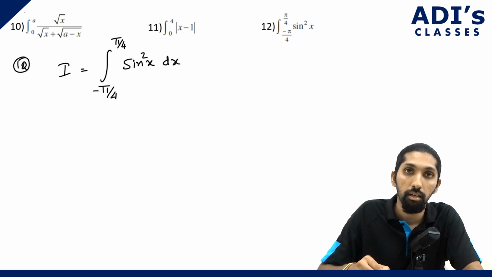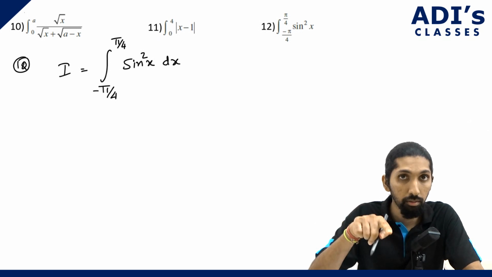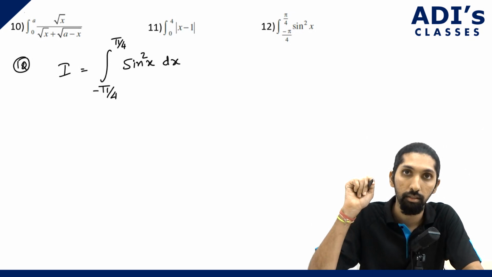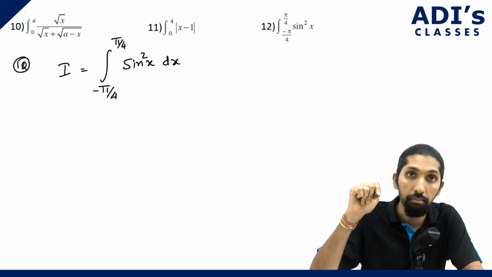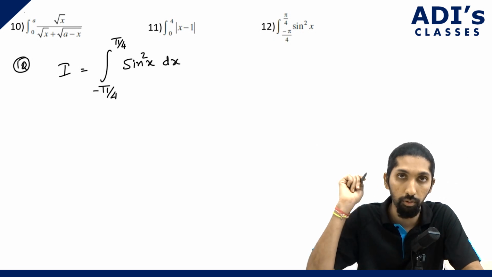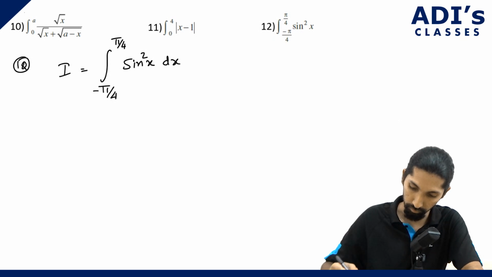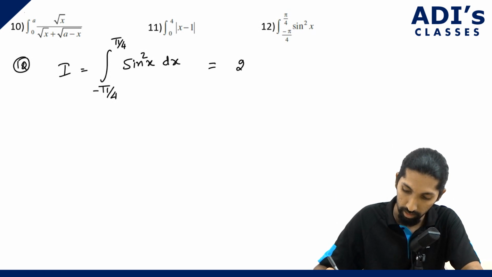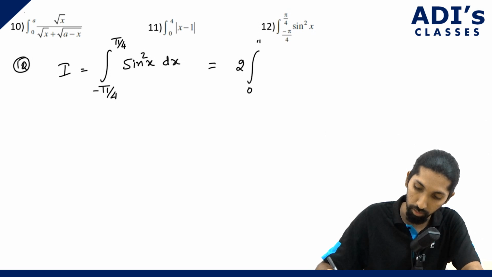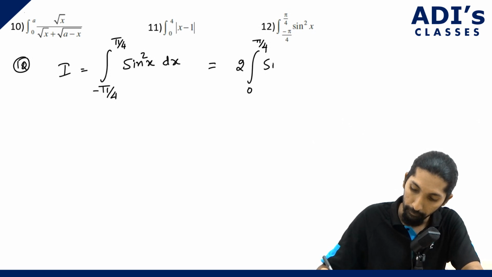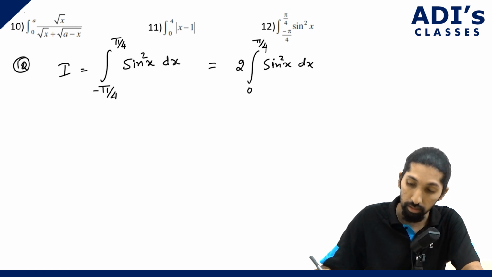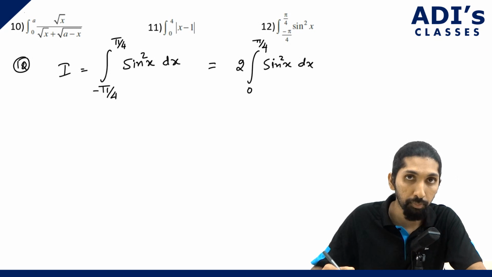So the value is not going to become 0. But what you can do is you can apply one of the properties. That is 2 times 0 to pi by 4, if you remember. So the same thing can also be written as 2 times integral 0 to pi by 4 sine square x dx. This is applying the last one, 8th property, right?